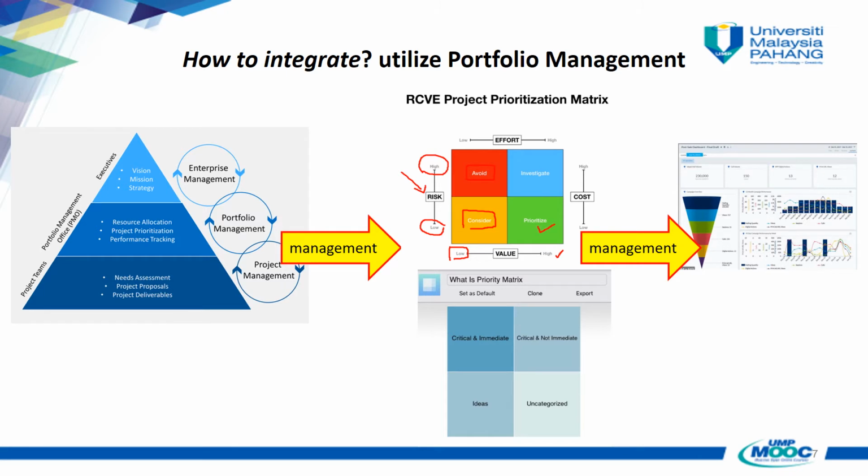Okay, and of course this will sum up with what is the cost, provided the project can be successfully launched. So if the risk is low enough, the value is high enough, and the cost is low enough, then this will become our priority.